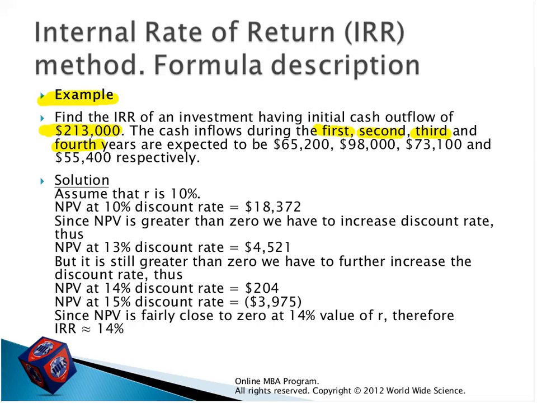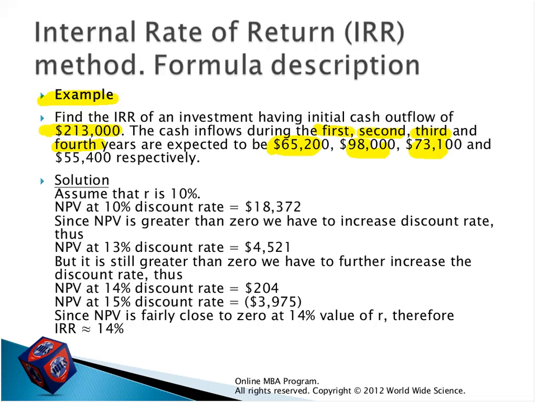The project runs over the 4 years, and we have the following inflows, or let's say profits, from this project. In the first year, we are going to receive 65,200. In the second year, 98,000. In the third year, 73,000.